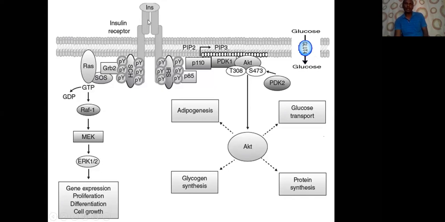So this is the process. Insulin binds to insulin receptors, and once it binds, the insulin receptors are phosphorylated. We call it autophosphorylation. Then the insulin receptor substrates bind, and this binding converts phosphatidylinositol biphosphate into triphosphate.